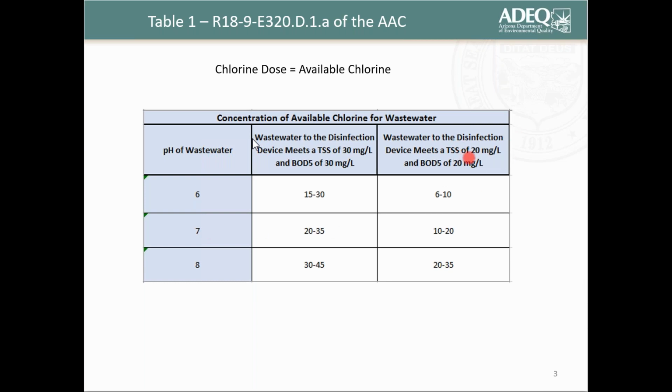And so we have a total suspended solids value of 20, and therefore it says the dose is 10 to 20. Notice qualitatively, I'd said earlier that as your pH is reduced, your chlorination process is more effective. Notice that the dose only needs to be 6 to 10 if you got water with a pH of 6, and then it goes up 20 to 35 if your water has got a pH of 8.